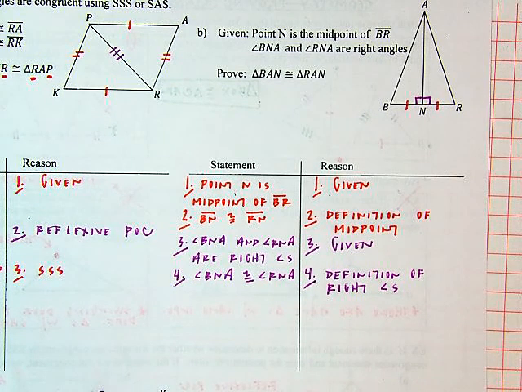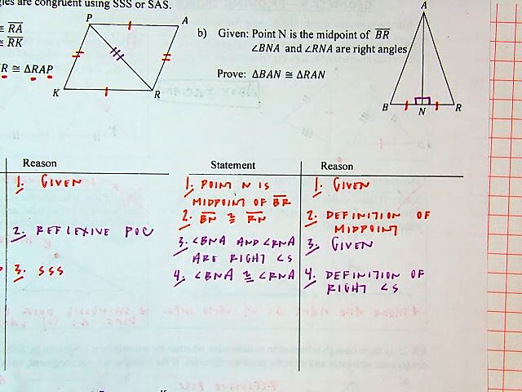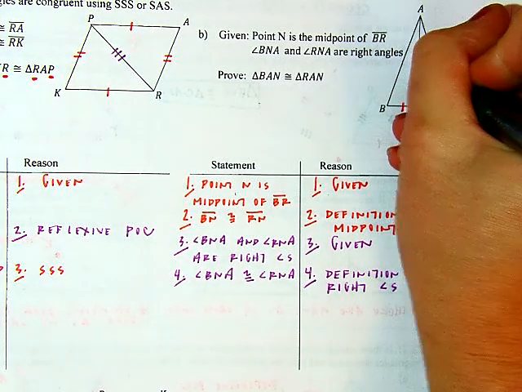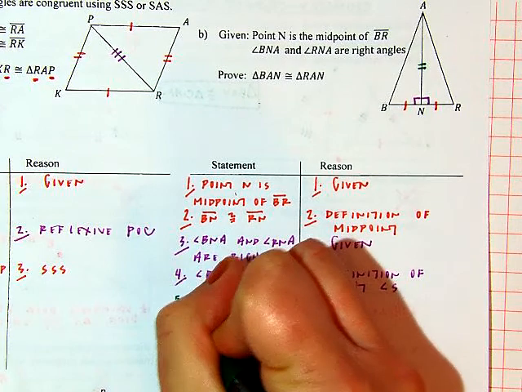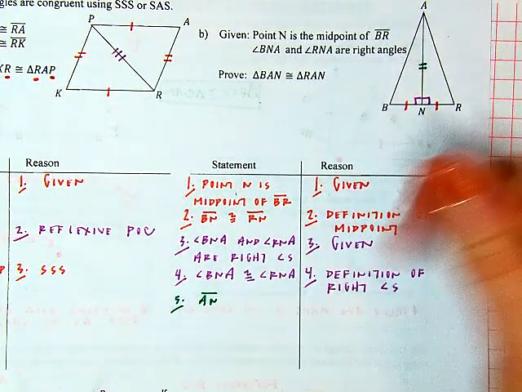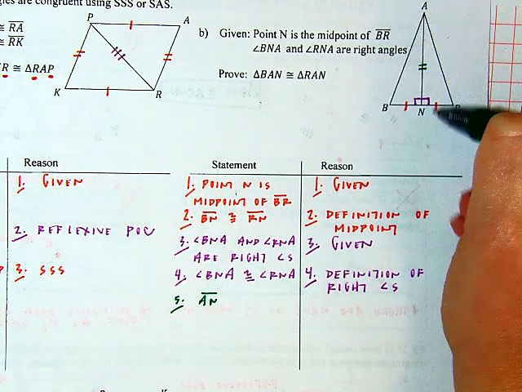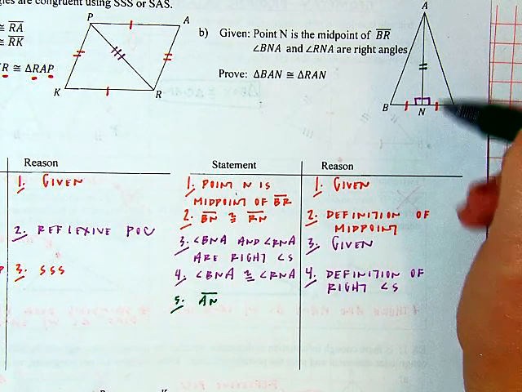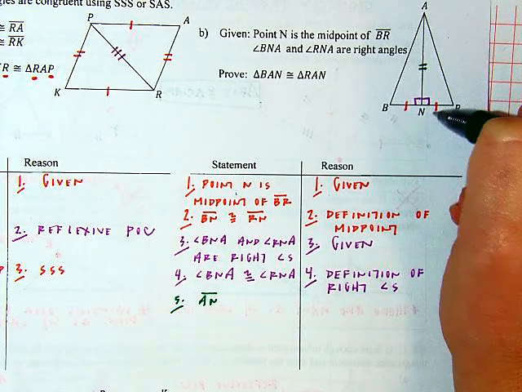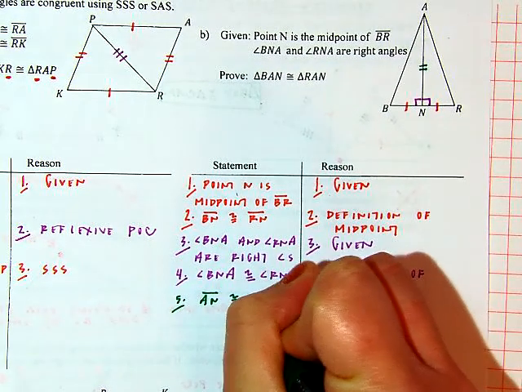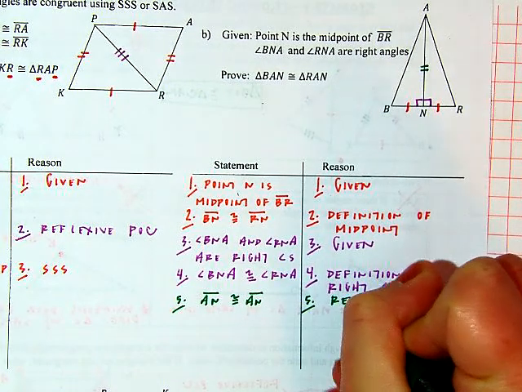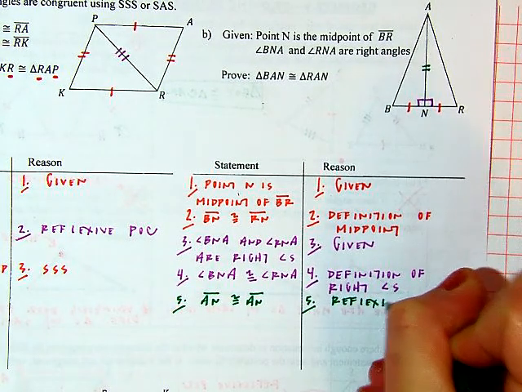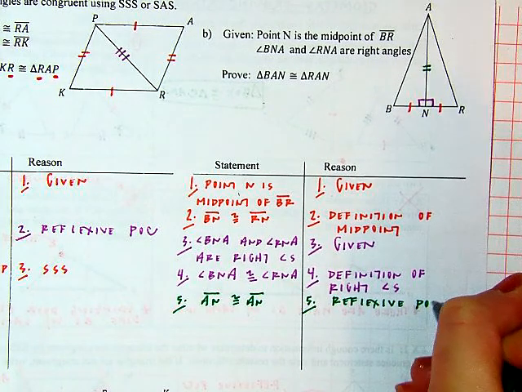Okay, I'm looking for another connection. Right now I have one pair of corresponding sides, one pair of corresponding angles, and I see, oh, reflexive property again, right? I can link that right back to itself. So if I name it as AN for this triangle on the left, it is the same order as the one on the right. So A to N is the same here, A to N. And my reason would still be the reflexive property of congruence because I'm linking something back to itself.